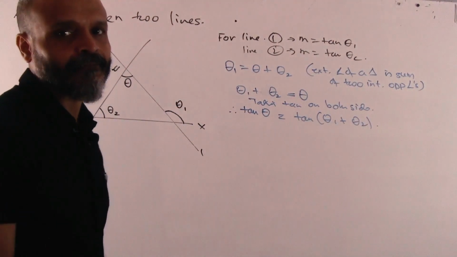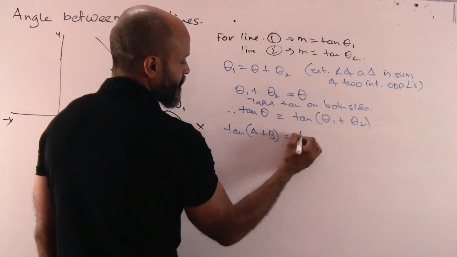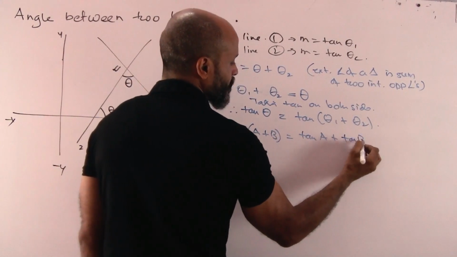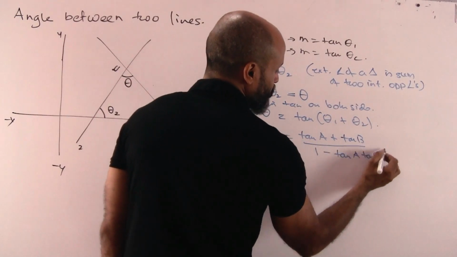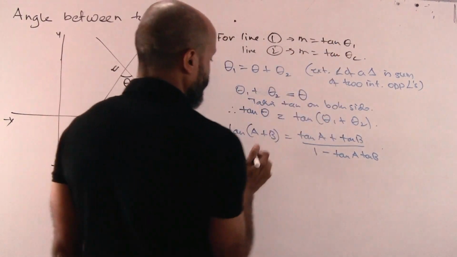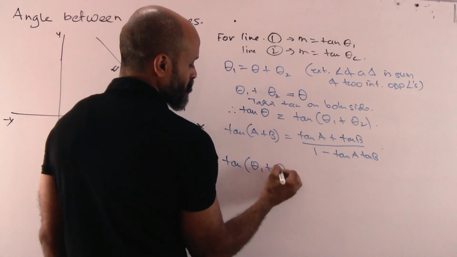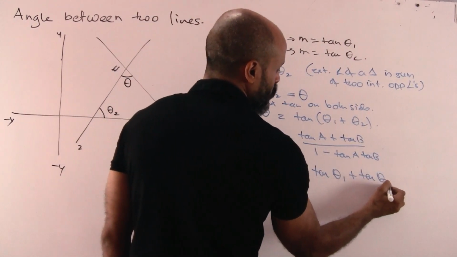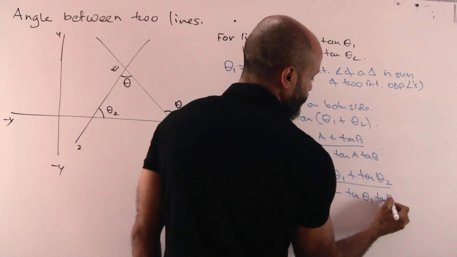Now we know that tan of A plus B is equal to tan A plus tan B upon 1 minus tan A tan B. Now we already know what theta 1 is. So tan of theta 1 plus theta 2 will be equal to tan theta 1 plus tan theta 2 upon 1 minus tan theta 1 tan theta 2.